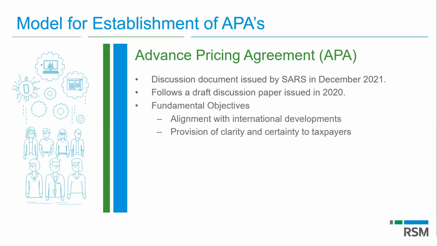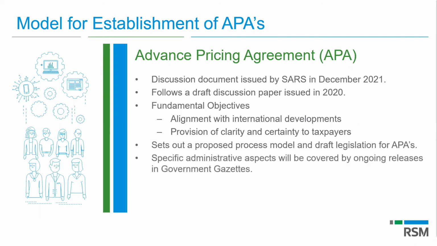The fundamental objectives as set out in this discussion document are firstly alignment with international developments, and then secondly to try and provide clarity and certainty to taxpayers. It sets out a proposed process model, and it sets out draft legislation for advanced pricing agreements, and then indicates that any specific administrative aspects will be covered by ongoing releases in the Government Gazette.